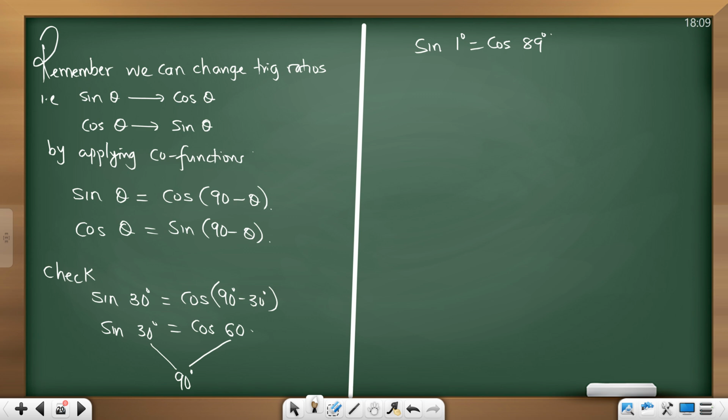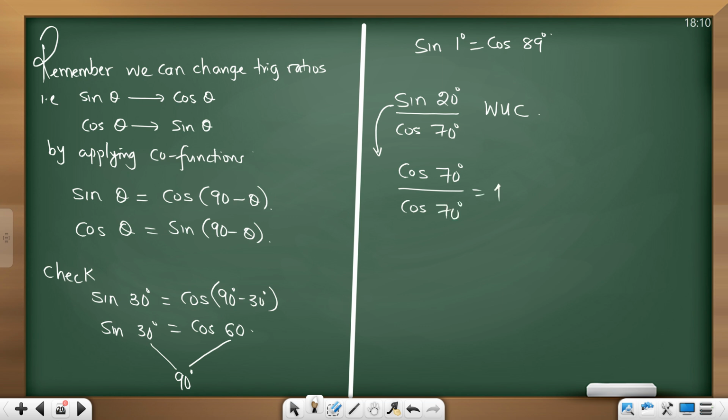Especially once you see the words without the use of a calculator. So an examiner will tell you, what is sine 20 degrees over cos 70 degrees, without the use of a calculator. What would your answer be? Your answer is 1, because I can write sine 20 as cos of 90 minus 20, which is cos 70, over cos 70.